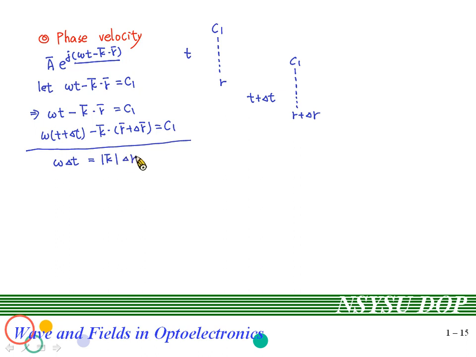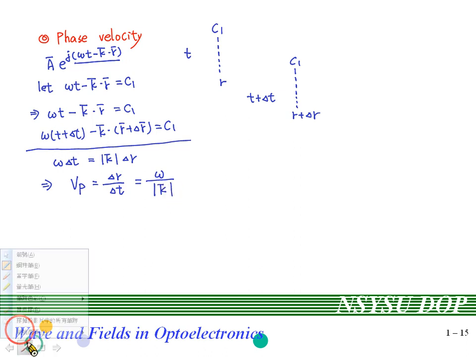By the definition of velocity, the phase velocity, the velocity of C1, will be the displacement delta r divided by the time interval delta t. By this equation, the phase velocity is equal to omega over the absolute value of k vector.